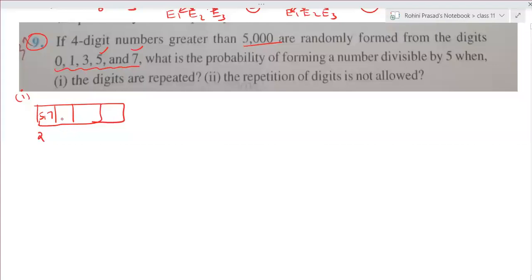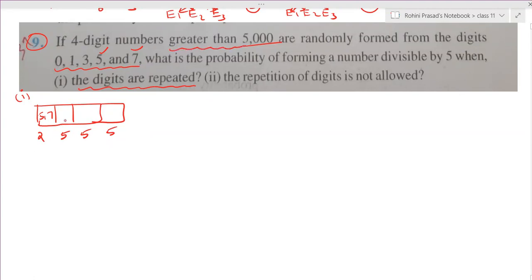And the second place can be filled with any of these 1, 2, 3, 4, 5, any of the 5 digits, because the repetitions are allowed. All the digits are repeated. Next, this is also 5, and this is also 5. But the problem is they told that the number is greater than 5,000.